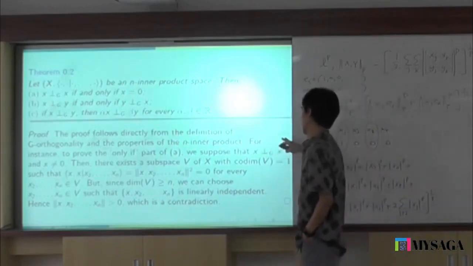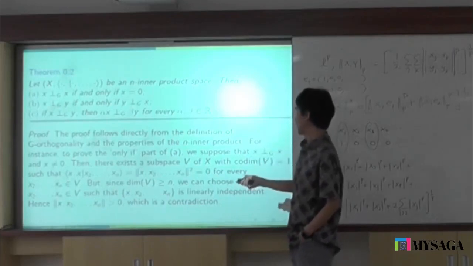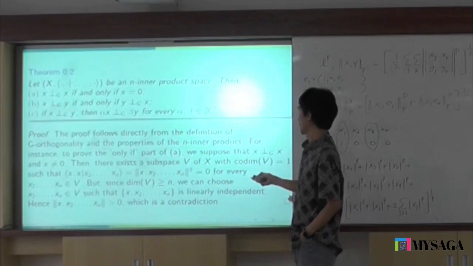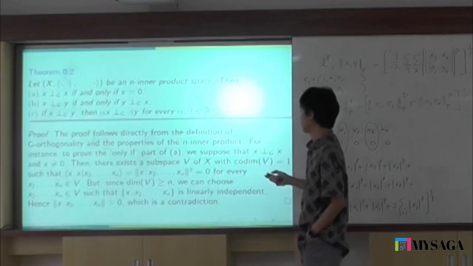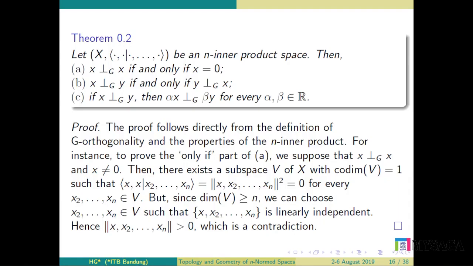I just give an example here to prove the only if part of A, meaning if you have this, then x must be 0. To prove that, we suppose that x is G orthogonal to itself, and x is not equal to 0, so we prove by contradiction.